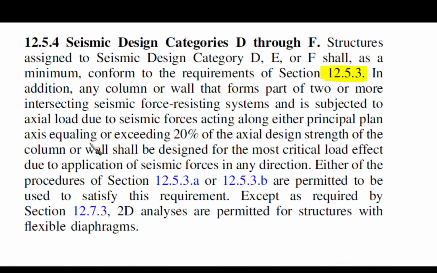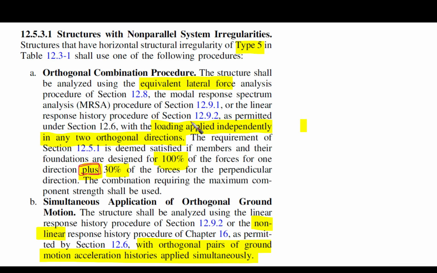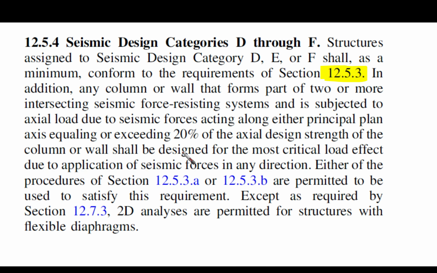Okay, and the last thing is the seismic design categories D through F, D, E and F. Structures assigned to these seismic design categories shall as a minimum conform to the requirements of the previous one, which is 12.5.3, this criteria.